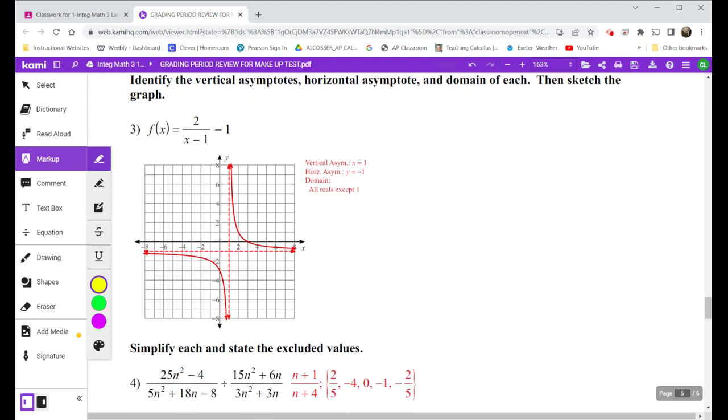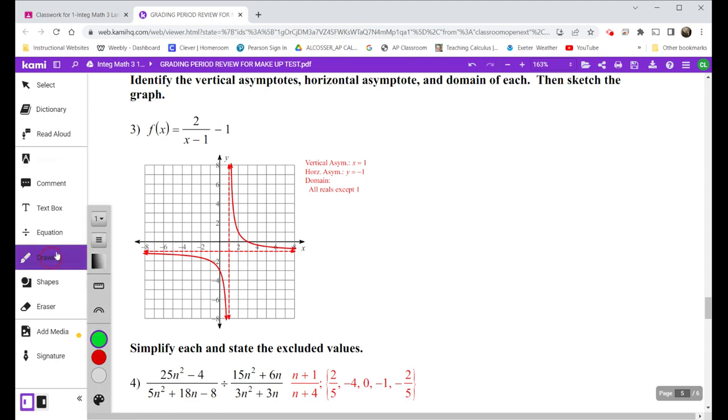So if we tackle the same thing here, this is a little different because they have this -1 on the outside. So don't forget that this is going to be a over bx minus h, and then this is going to be down 1. This base graph always looks like this.